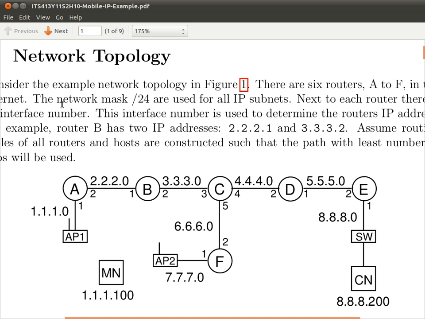It's typical for the home and foreign agents to be just the routers, the local routers on that subnet. Foreign agent, home agent, with respect to the mobile node. So mobile node has discovered the foreign agent, it now initiates the registration.